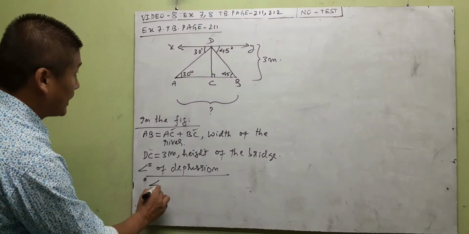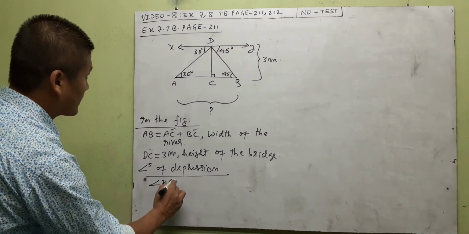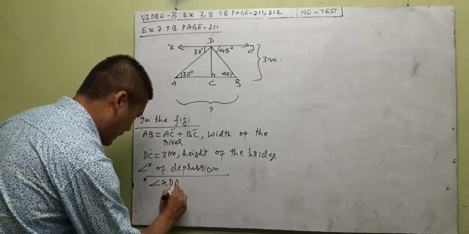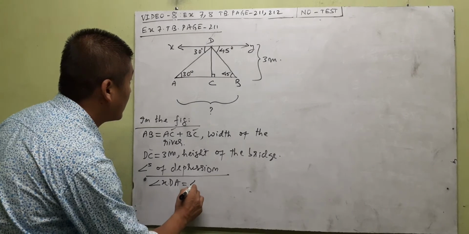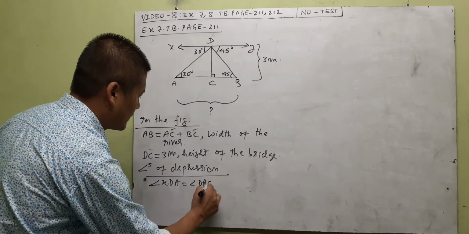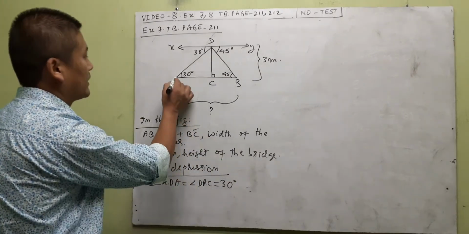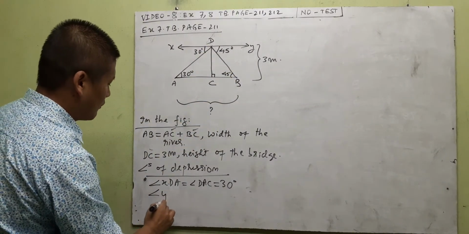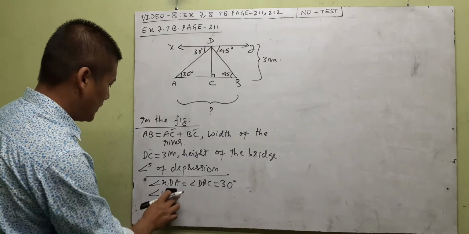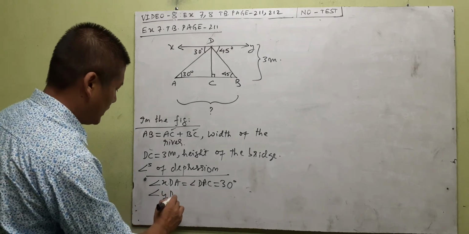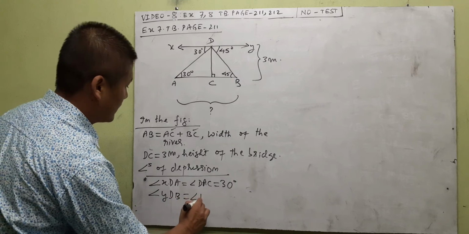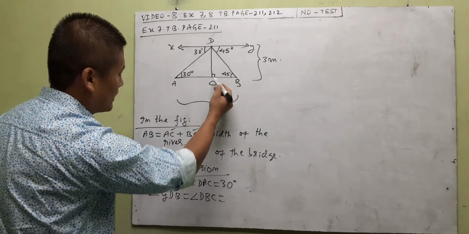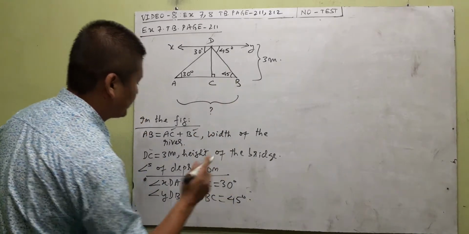He looks at one bank A, and the depression was XDA, sorry, XDA equal to angle DAC equal to 30 degree when he looks at this bank A. When he's looking at the bank B, angle of depression was YDB equal to angle DBC. This one DBC, 45 degree.